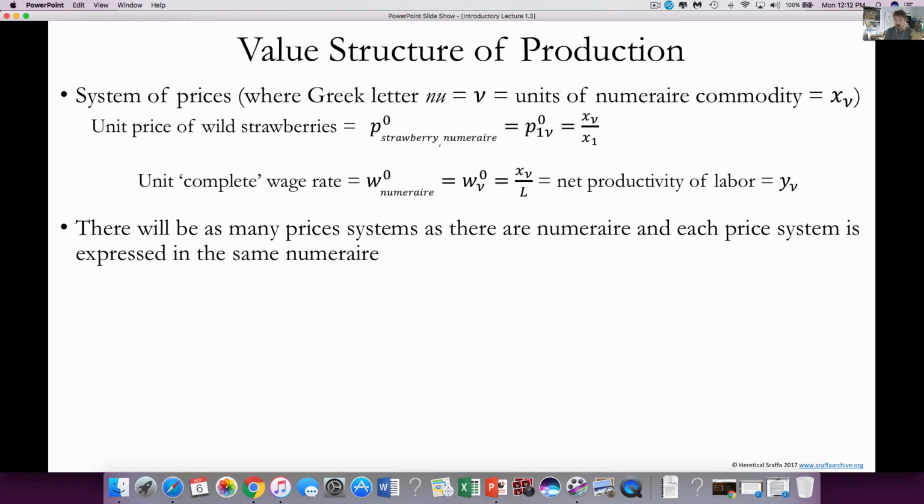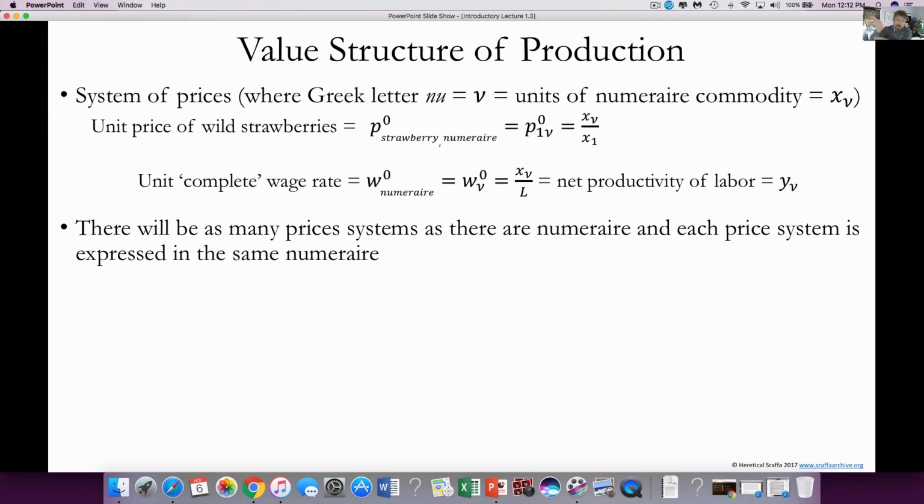Now, when wild strawberries is the numeraire, the same numeraire is going to be used to express all prices. You're going to have the wild strawberry price of wild strawberries and the wild strawberry price of labor. Well, the wild strawberry price of wild strawberries is by definition equal to 1, because 1 unit of wild strawberries exchanges for 1 unit of wild strawberries, right? And the wild strawberry price of labor is going to be the quantity of wild strawberries per unit labor.